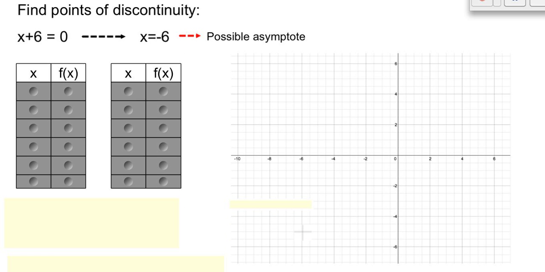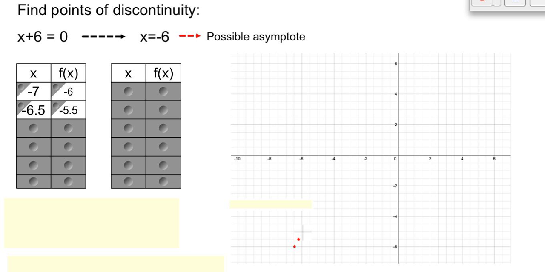So let's test it. We get close to -6. So here's -7, -6 is going to be down here. And then we can keep finding other ones. -6.5 turns out to be -5.5, so that's going to be right there.